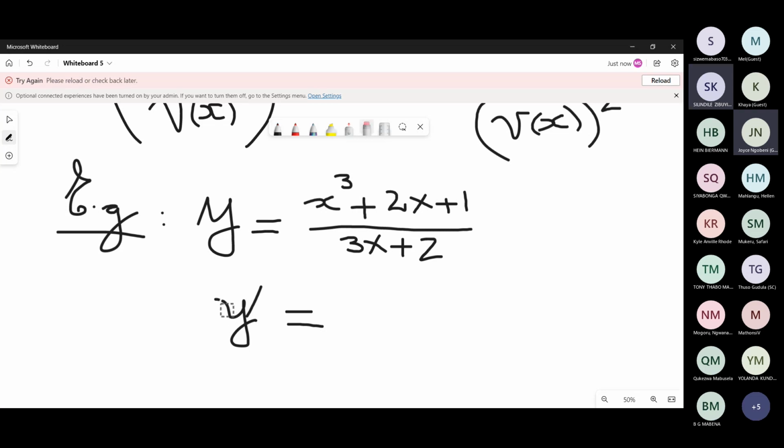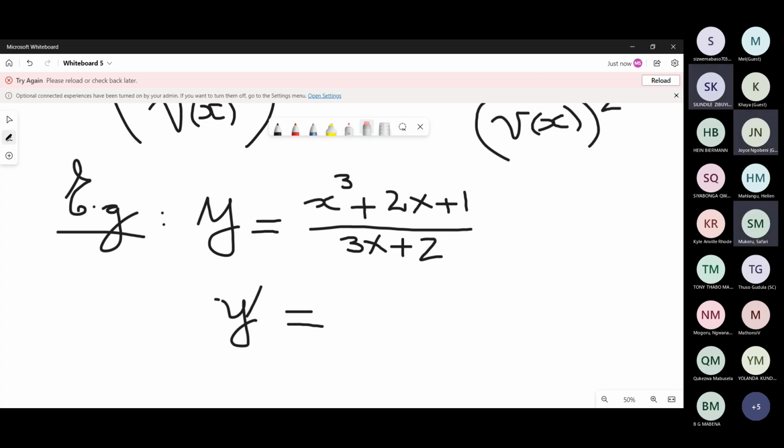Can I try, Prof? Yes, please go for it. It's going to be 3x squared plus 2, times 3x plus 2.